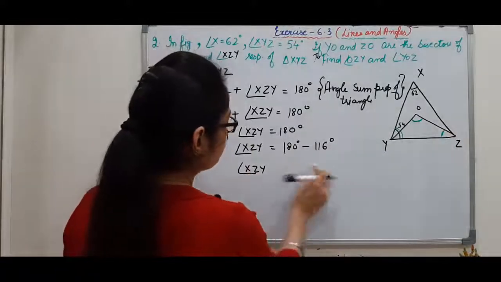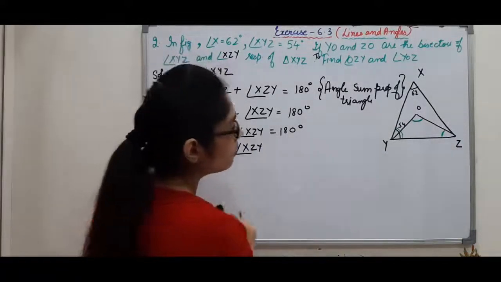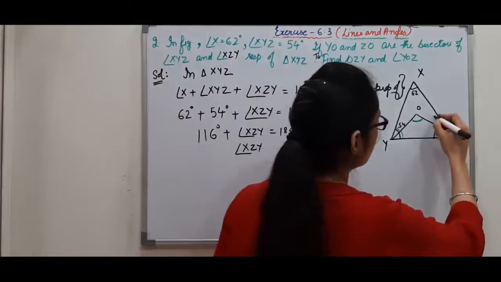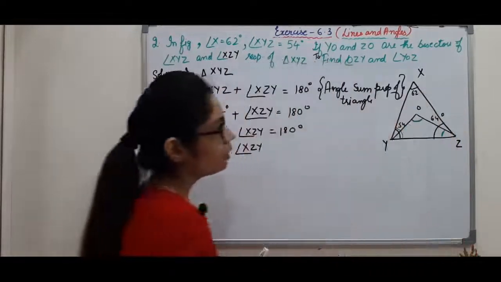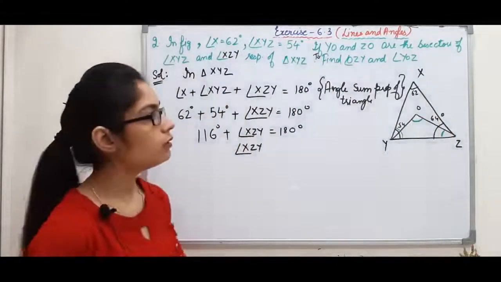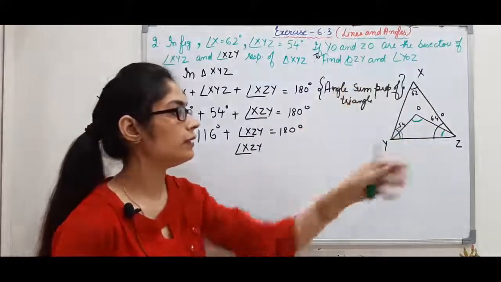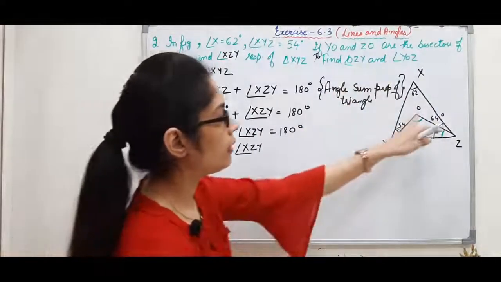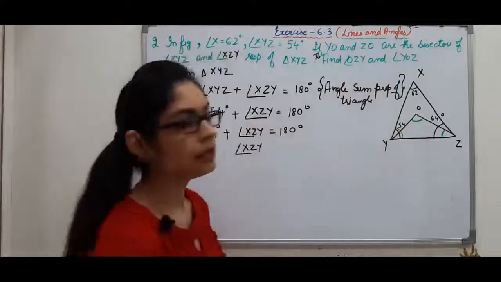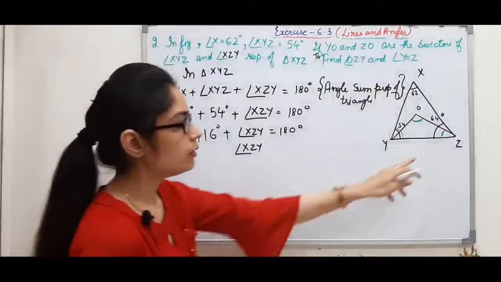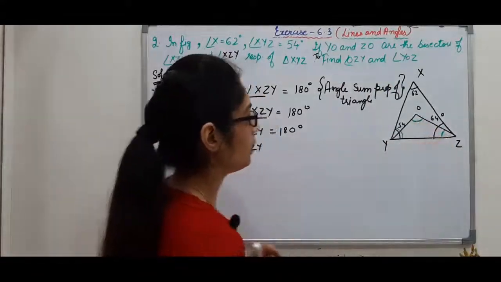So now here we can mention also this is equal to 64 degrees. We know the value of all the three angles of triangle XYZ. Now let's come to this triangle OYZ, because in this triangle we need to find these two angles, this one and this one.